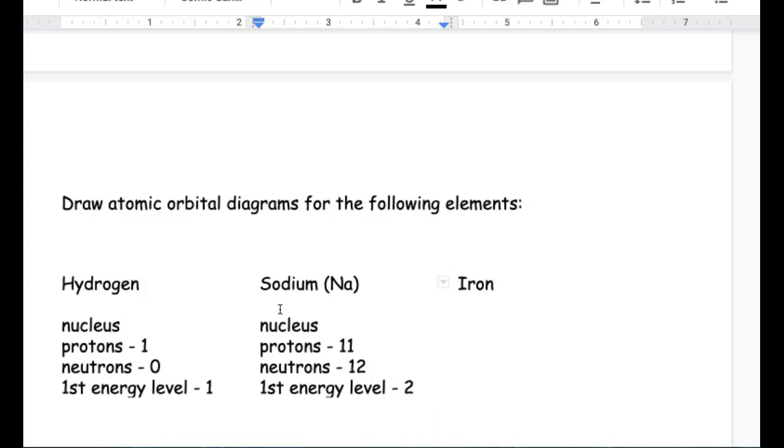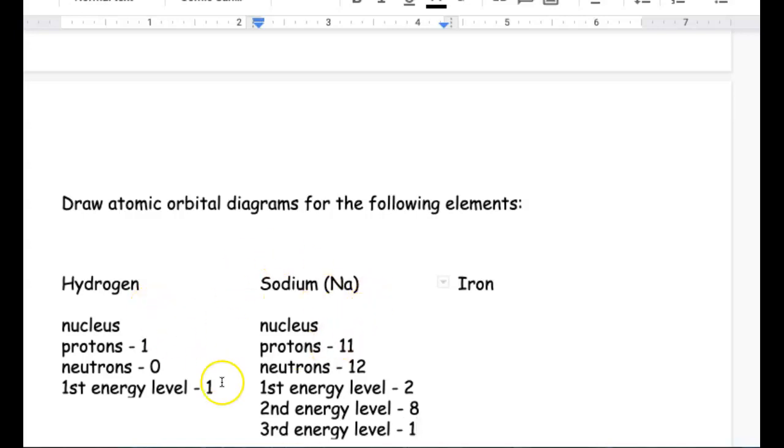That's the maximum you can have in the first energy level. Second energy level, there's going to be 8. That's the maximum number you can have in the second energy level. Third energy level, there's going to be 1. If I add them up, 2 plus 8 plus 1 equals 11, and that's the same amount of electrons.